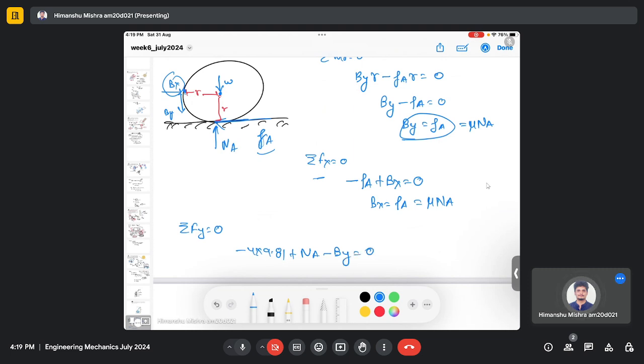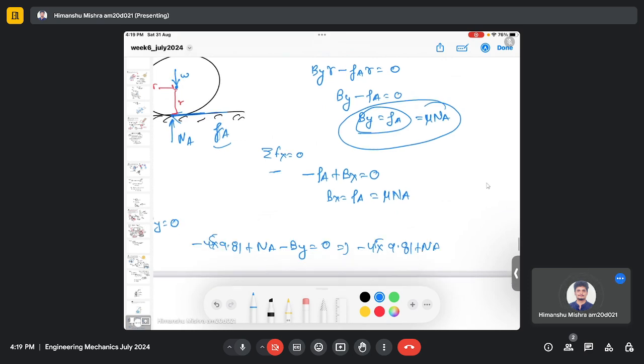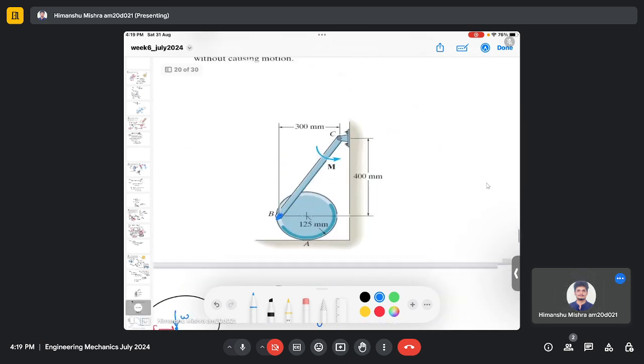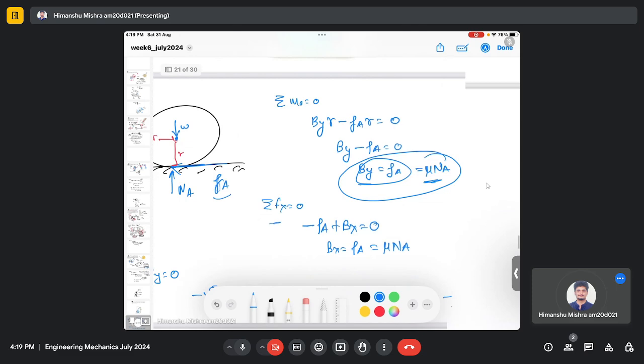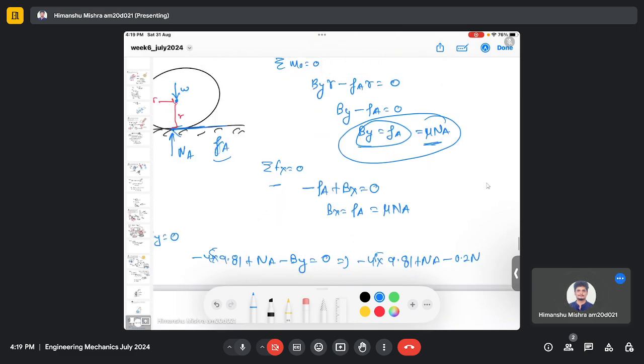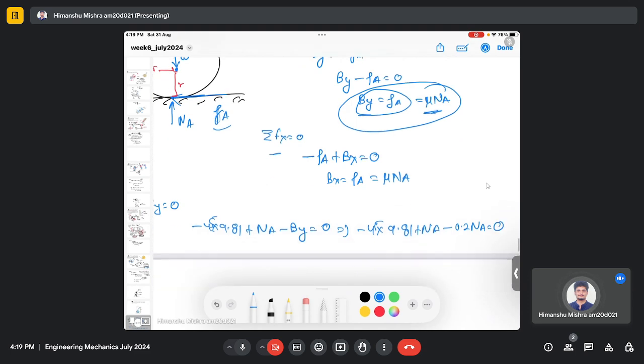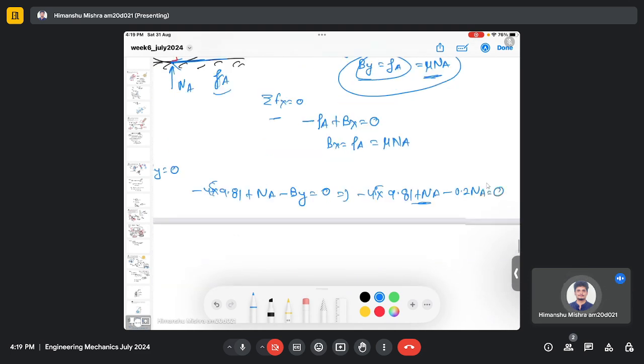And we know that By equals mu Na. So we can write minus 45 multiplied by 9.81 plus Na minus mu Na, where mu is 0.2, equal to 0. So here we have only one unknown, Na, so we can easily find it.